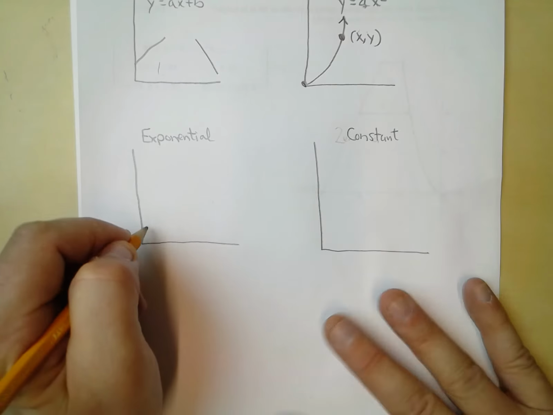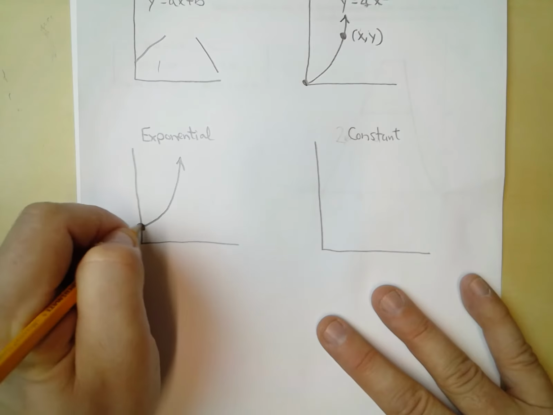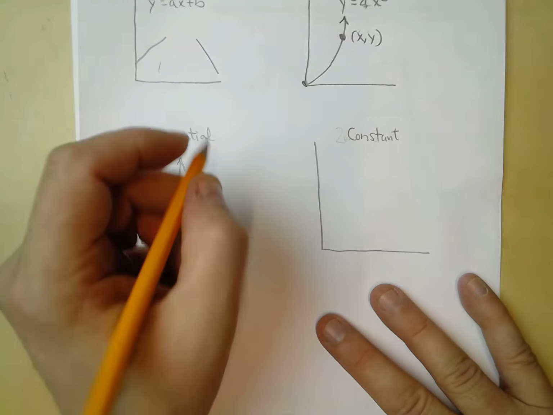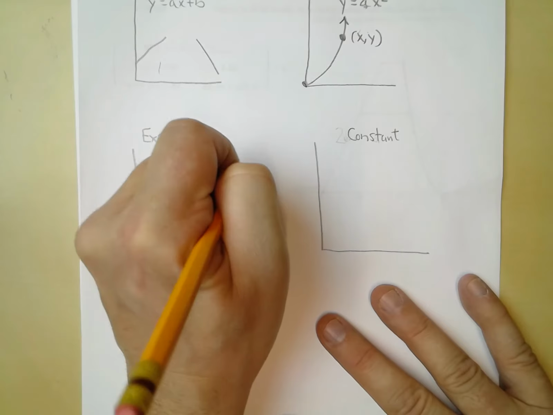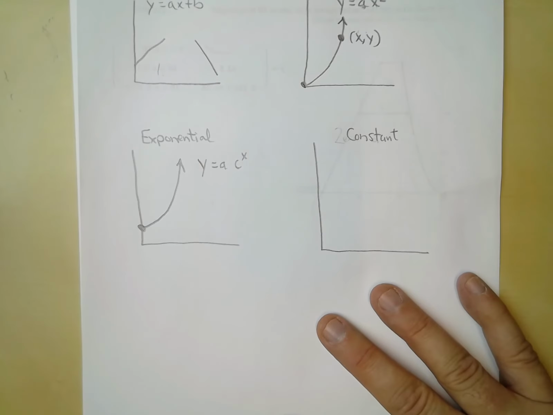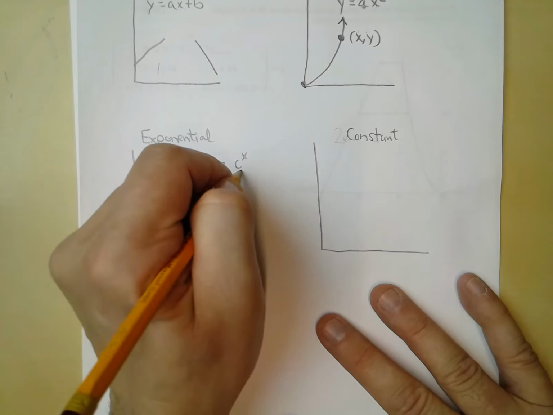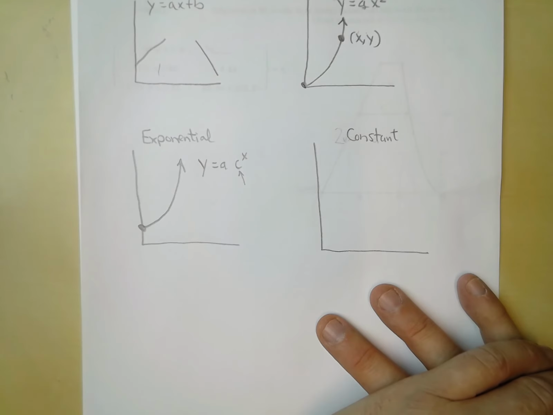The exponential, also a curve, but the difference with the exponential is that it will not start at the origin for our purposes, and that one looks like this. Y is equal to a times c to the x. The c will almost always be given to you when I set up in the box there where the rules are.